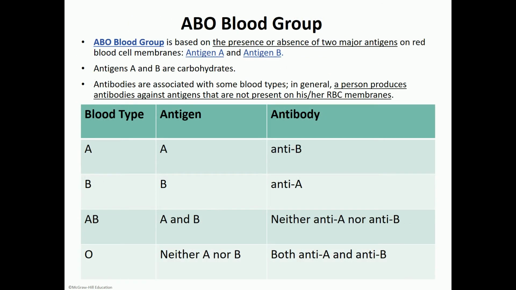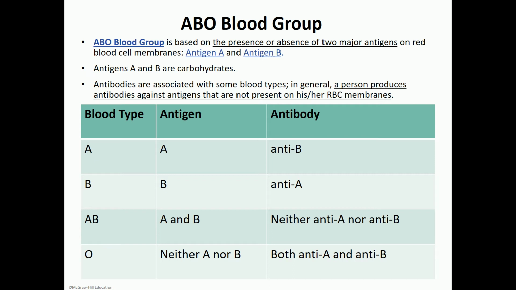So let's take a look at the different blood groups and how they are named, which one has which antigens and which antibodies. Again, the antigens are found on the surface of the red blood cell, and these are carbohydrates. We have either antigen A or antigen B, while the antibodies are plasma proteins circulating within the bloodstream.